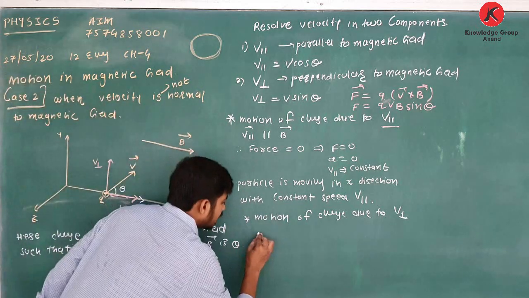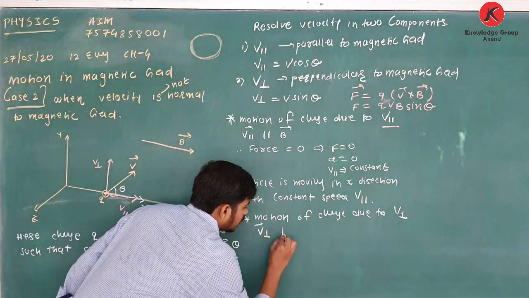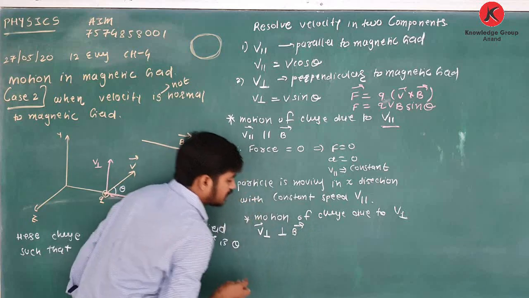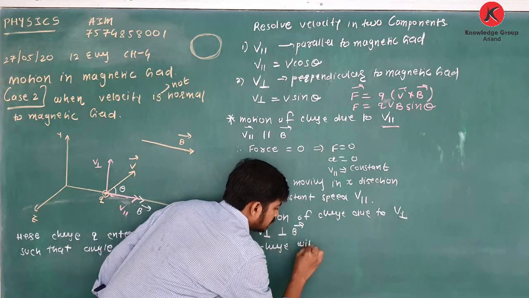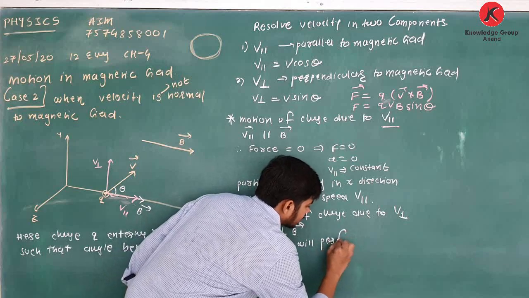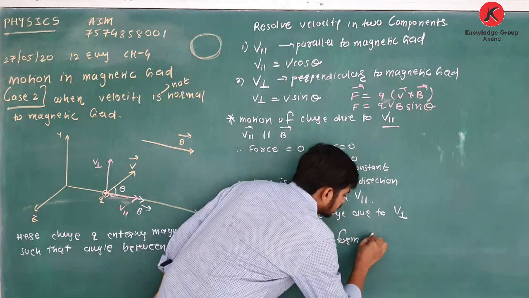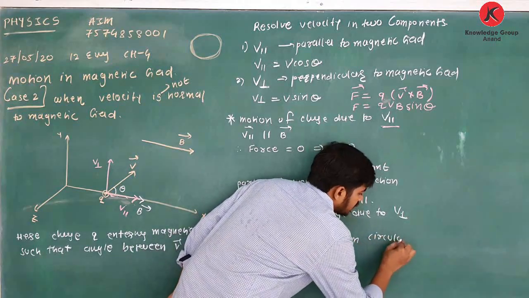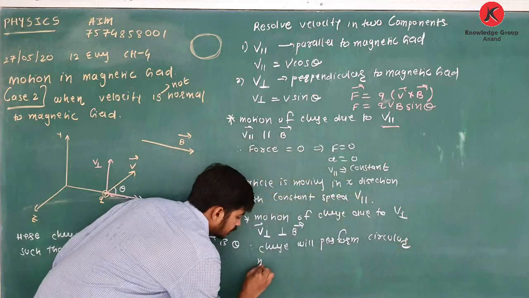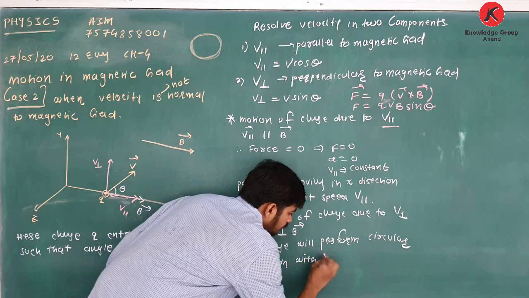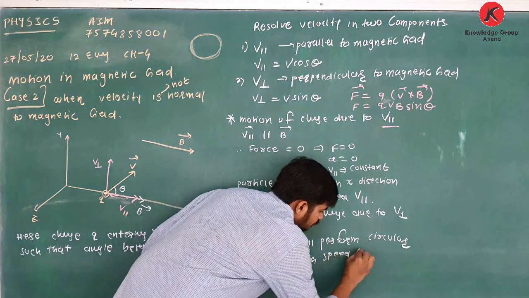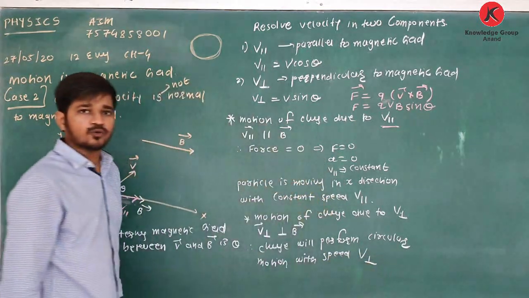So here V perpendicular is perpendicular to the magnetic field, therefore the charge will perform circular motion with speed V perpendicular. Clear about this?